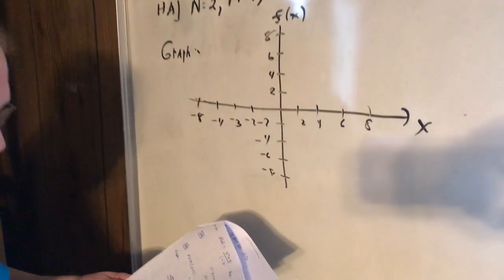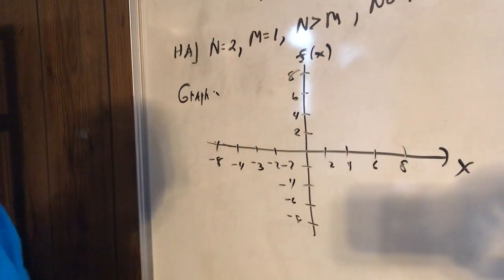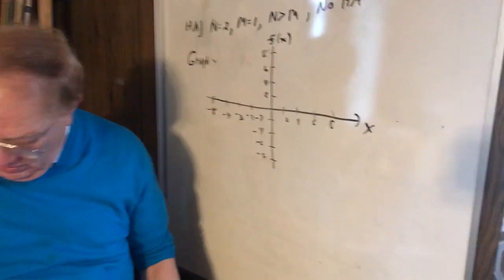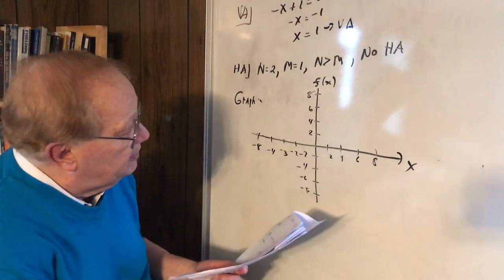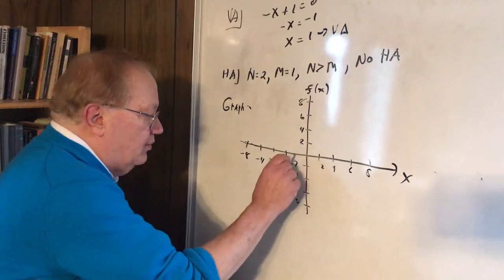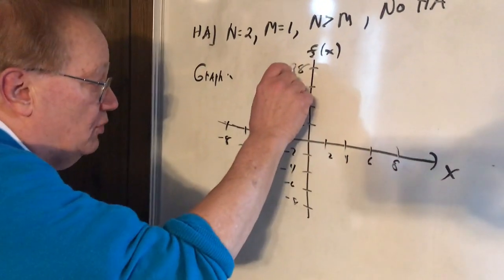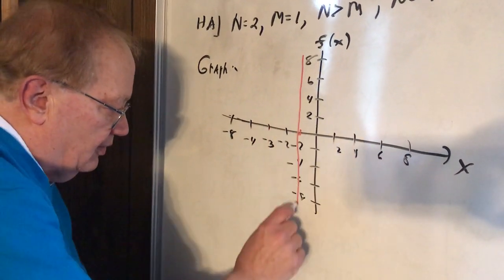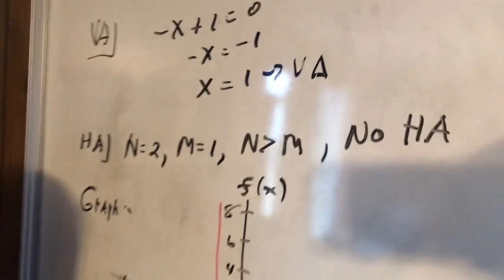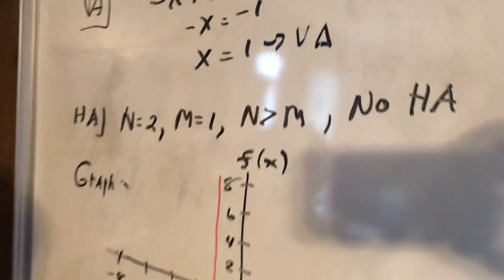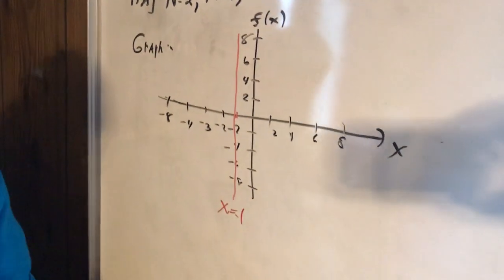So what you're going to get here is no horizontal asymptotes, so you would have no horizontal line. But you have a vertical asymptote at 1, which is around over here. So I'm going to draw a vertical line, since it's a vertical asymptote, over here. That defines where the curve will approach.